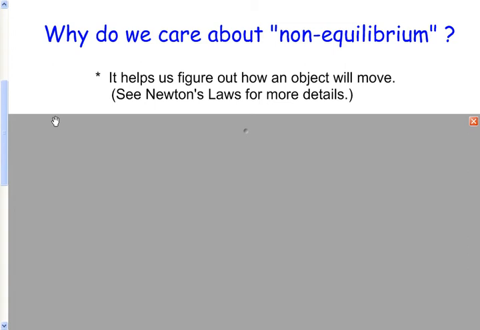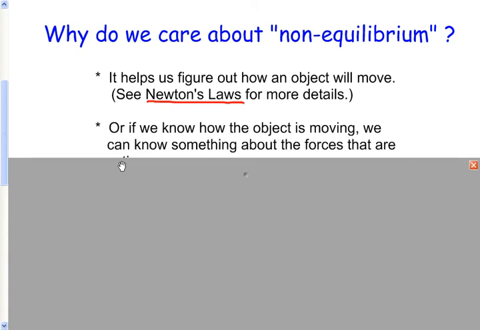If you can know about forces, you can figure out things about how they'll move, and it's really useful in a lot of different situations. We'll look at more about how and why things move the way they do because of the forces they do or do not feel when we learn about Newton's laws. So we're not going to get too far into that with this. We just want to make sure we know what non-equilibrium is.